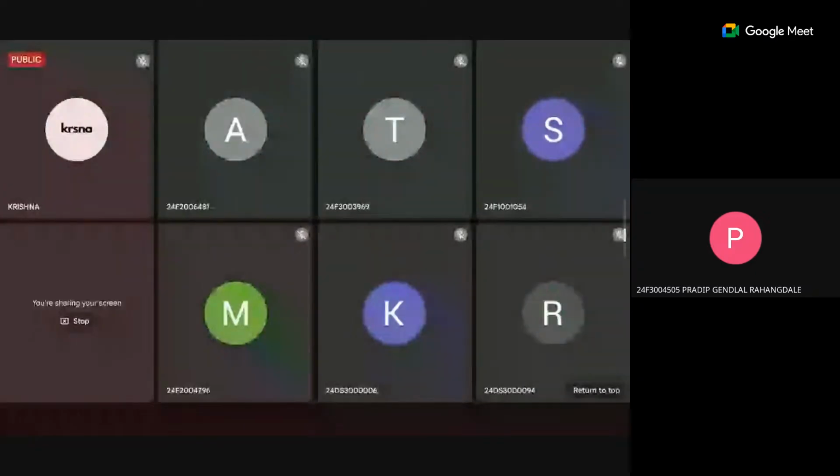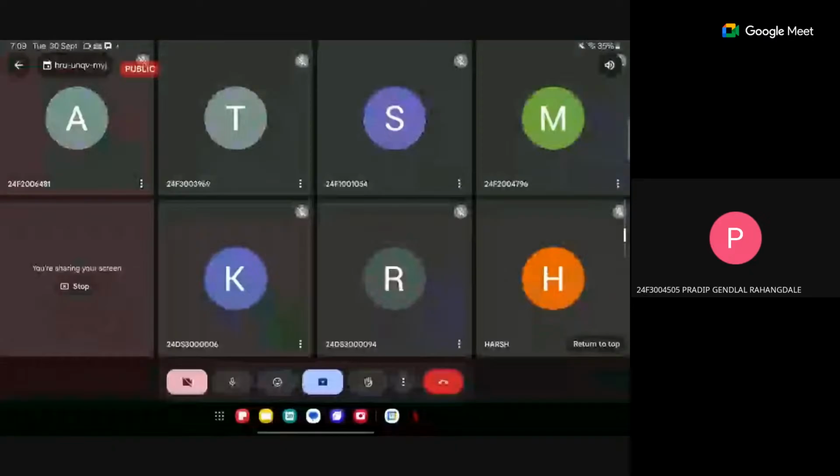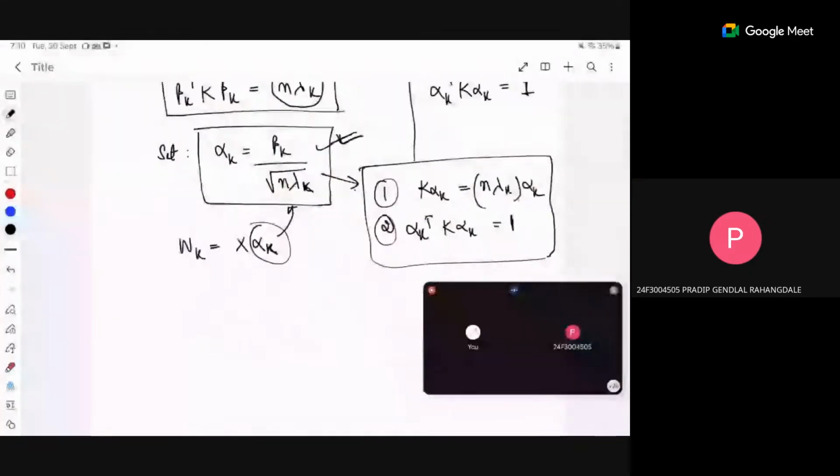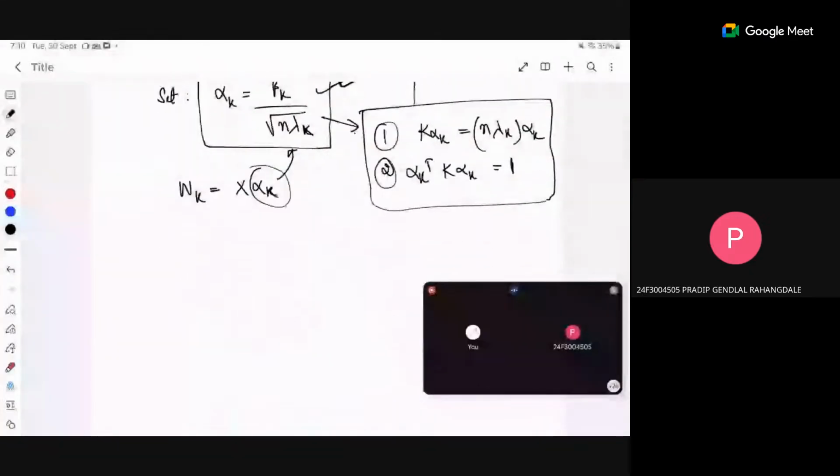Ma'am, my doubt was how can we constrain the length of the eigenvector to be equal to 1? Let's say you had a matrix A and you found its eigenvector.